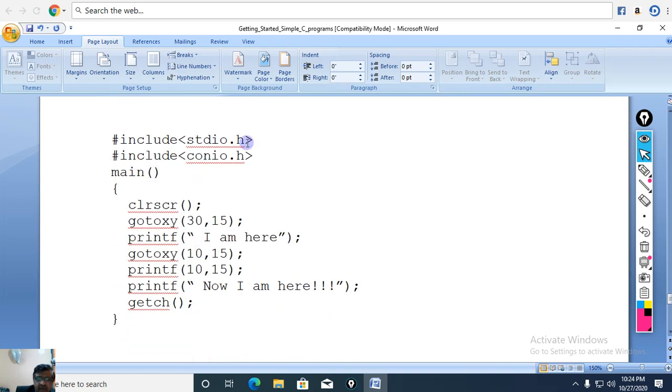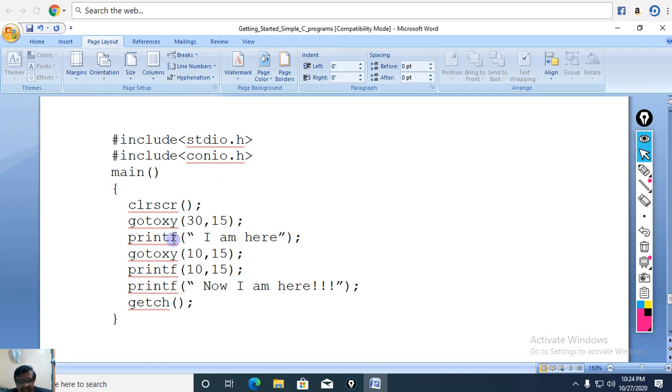Exactly speaking, this is to be included in order that the function gotoxy works. This conio.h, console input output, refers to console input output.